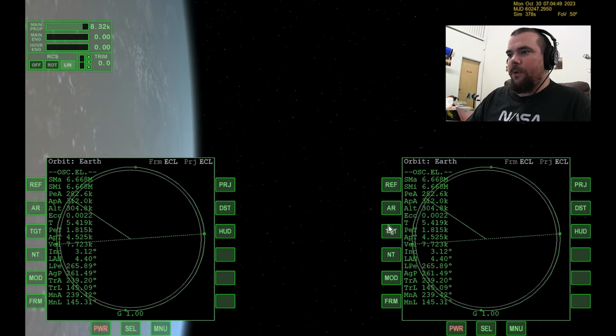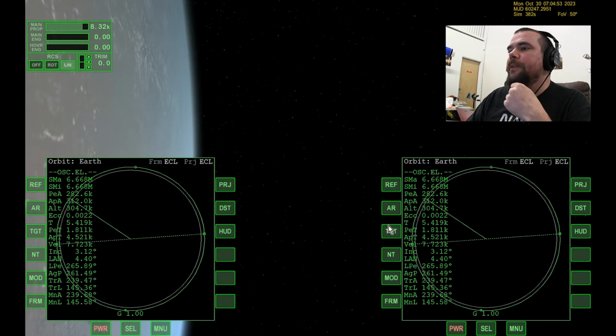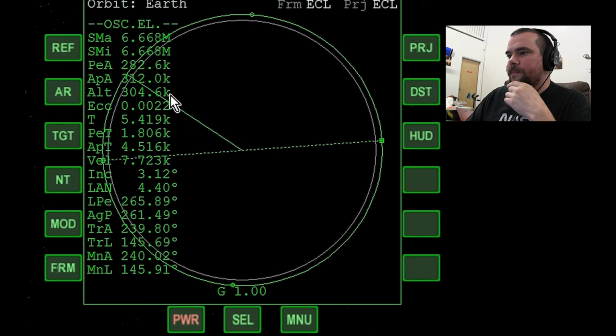Okay, so what I want to do next is explain the orbital MFD. So that's this MFD right here. What's going on here is there's a gray inner circle, and then there's a green outer circle. The gray circle is the surface of the Earth, so that's the Earth itself.